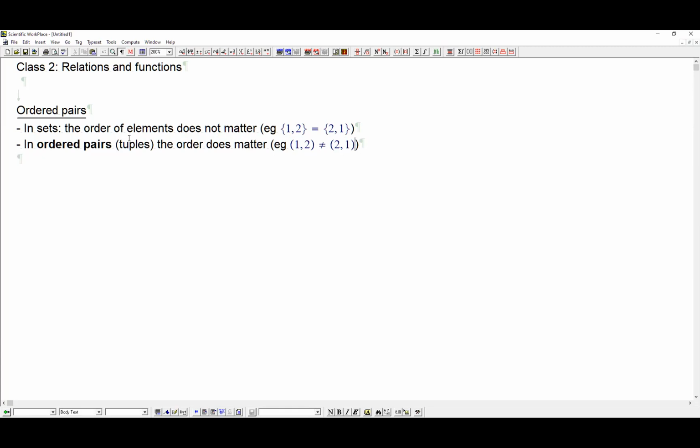So what is represented by ordered pairs? Anything that I want to represent, if the order matters. So can somebody give me an example of things that I might be representing with this? Preferences?